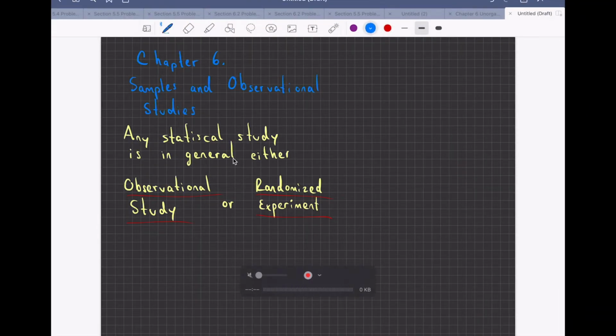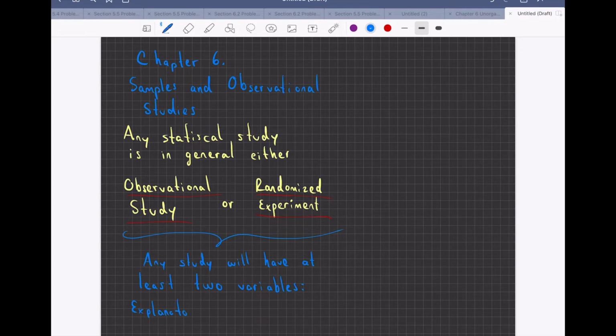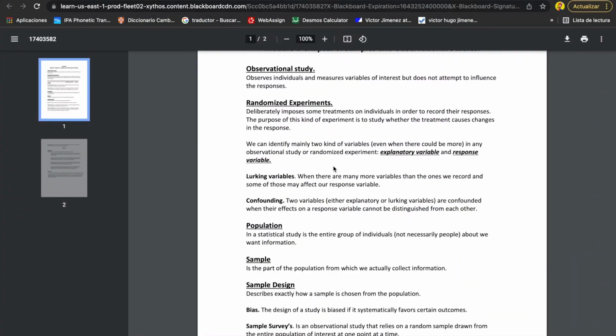So based on this, any study will have at least two variables: explanatory variable and response variable. So at least we're going to have those two.